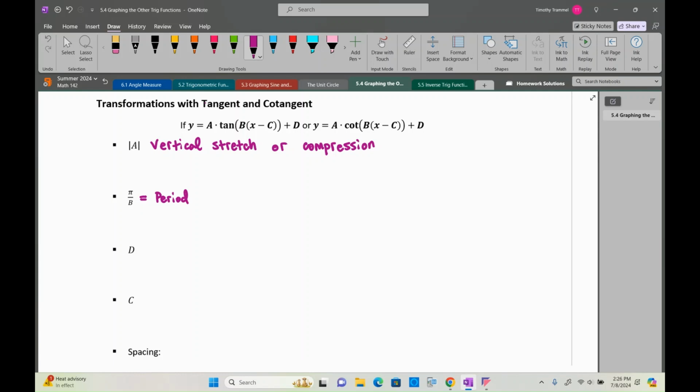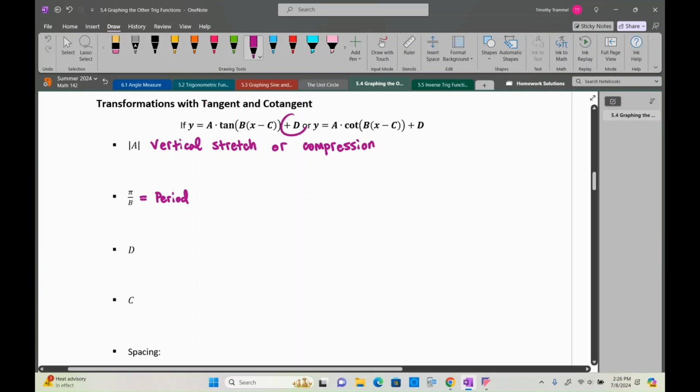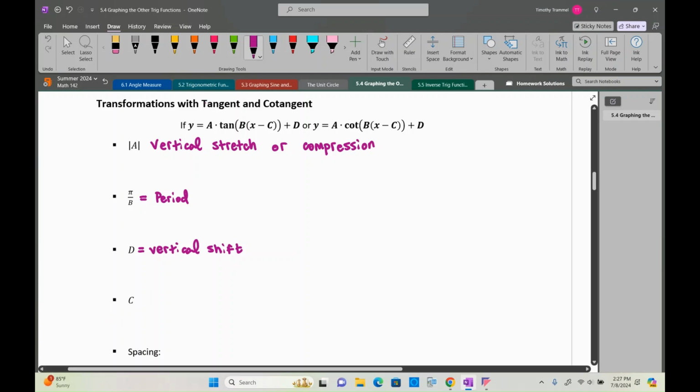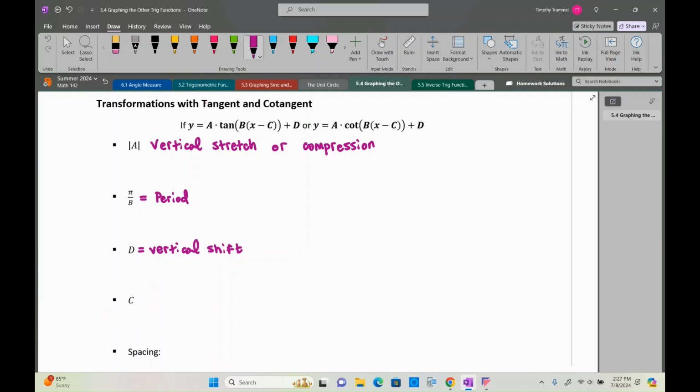Right? And then D here, we have our vertical shift. That just really means the same thing. C also means the same thing. We will not call it the phase shift anymore. Again, phase shift is a terminology that has to do with waves, and we're just simply not working with waves here.